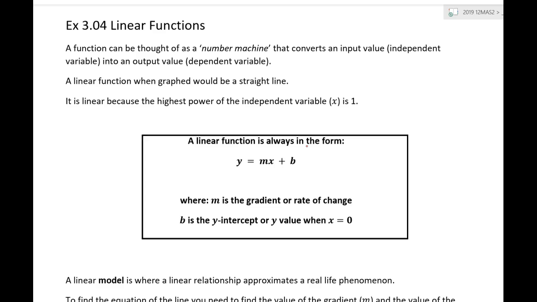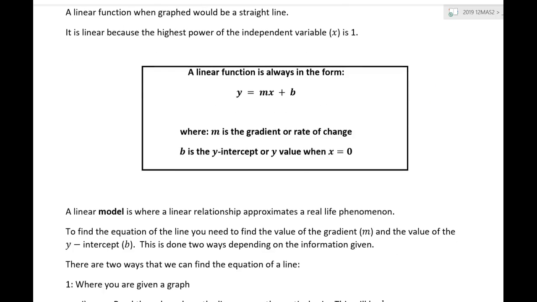Now, what can be particularly challenging about linear functions is having a set of numbers, a set of data, and finding the equation that describes the relationship between two variables.